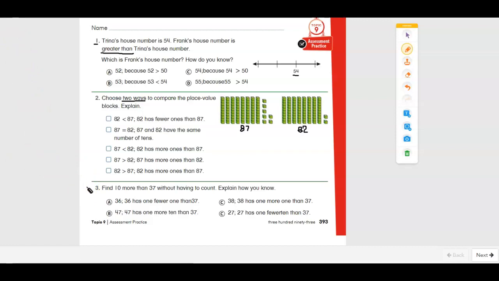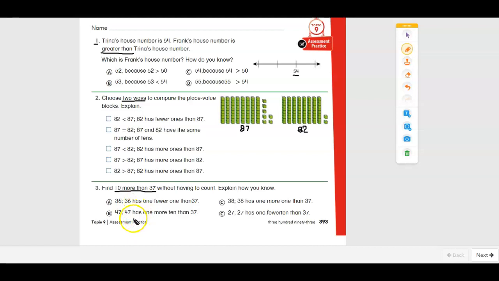Number 3 says find 10 more than 37 without having to count. Explain how you know. To find 10 more than 37, is our answer 36, 47, 38, 27? If we want to find 10 more than 37, is it 36 because it has one fewer than 37?